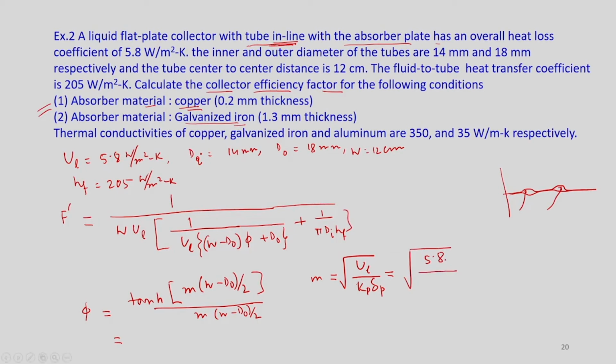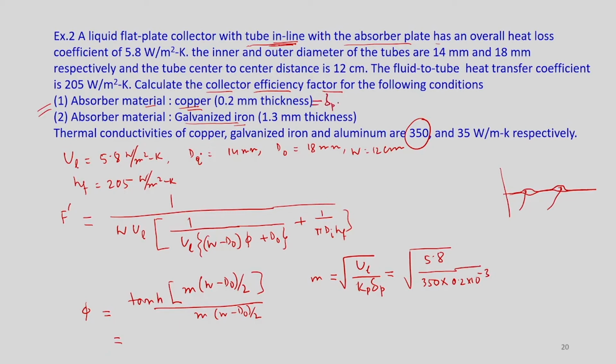If we consider copper, in the first case Kp is 350 and del P is 0.2 into 10 to the power of minus 3. So, this thickness is del P.